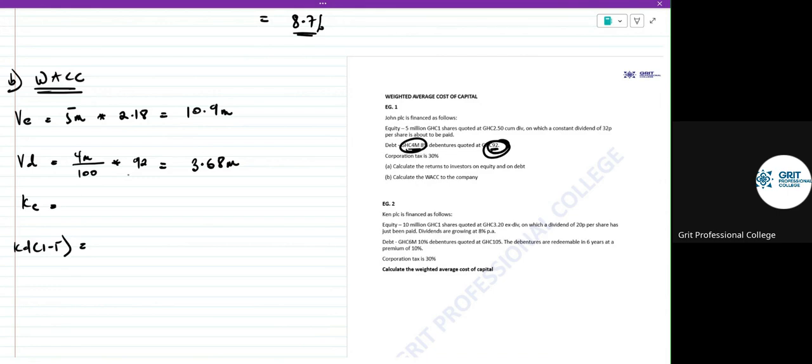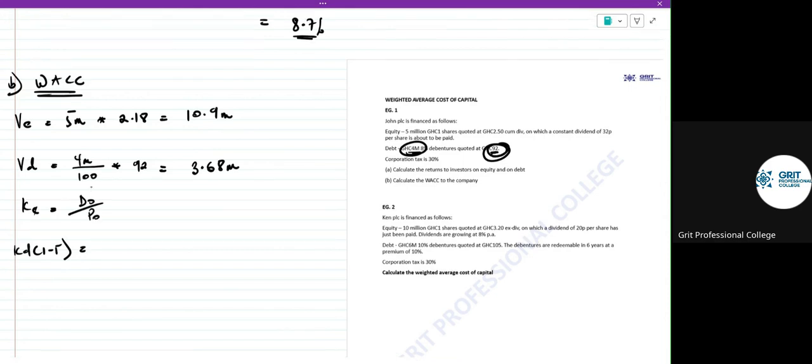Then we'll come to the cost of equity. Now, how do we find the cost of equity? This is where you get into your formulas. So Ke is going to be D naught over P naught.